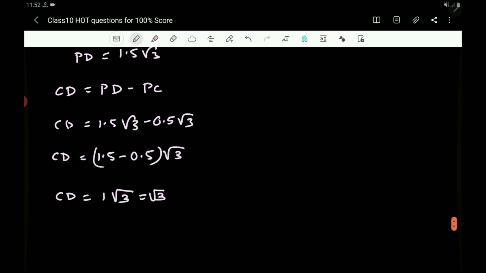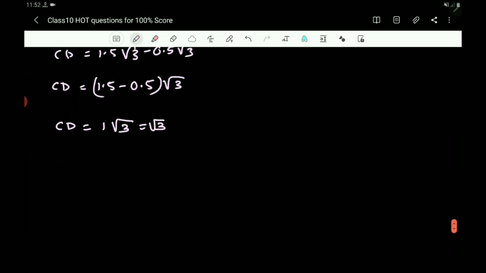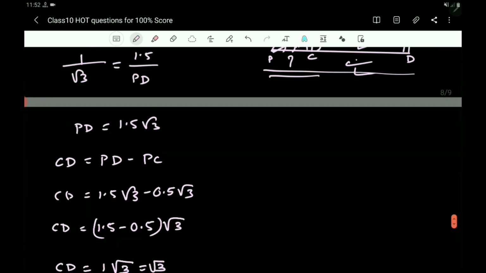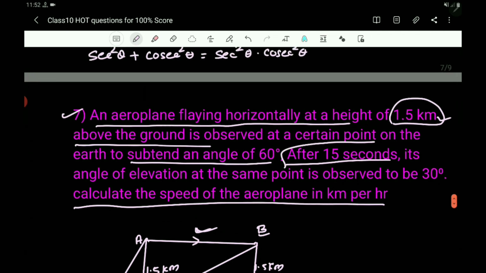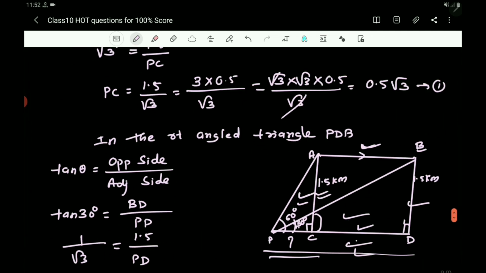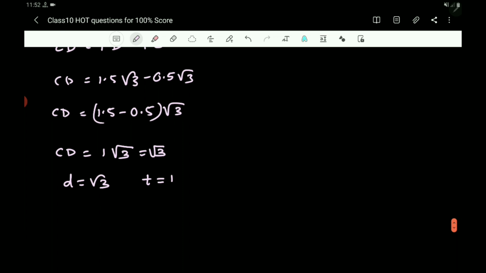Now here you have to find the speed. So you got distance equals root 3 and T equals how much? Here in the question it is given that after 15 seconds. So here T you take 15 seconds. And what you have to find out?